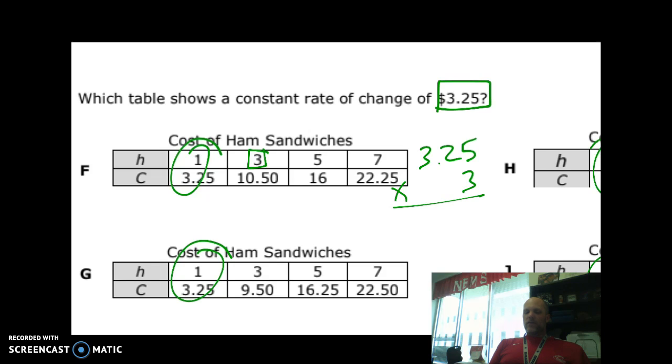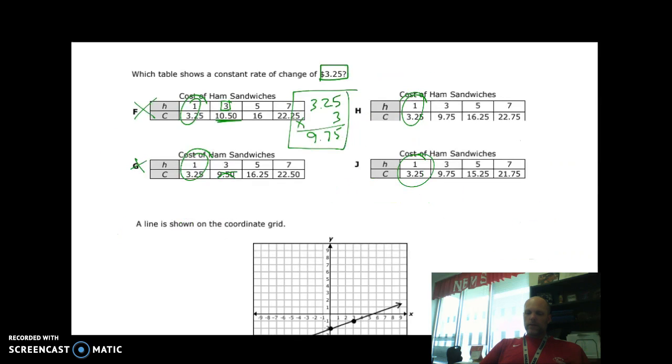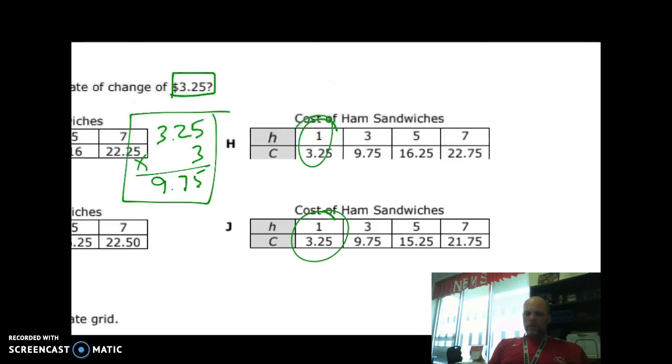Right, because 3 times $3 is 9, and then 3/4 is 75 cents. Well, does that equal 10.50? No. F and G are off because we know it's supposed to be 9.75. So it can't be G. Hang on there. All right, so H, both of them are correct because 3 sandwiches should be $3.75. I see, the 5s are different.